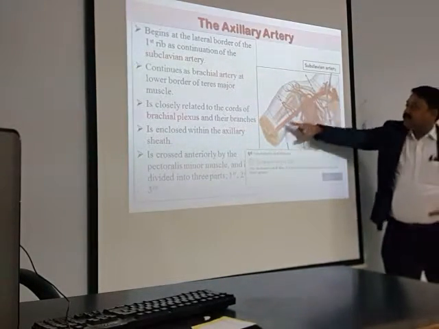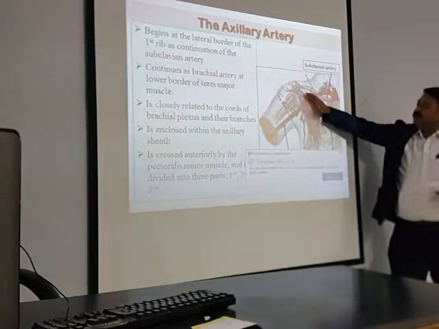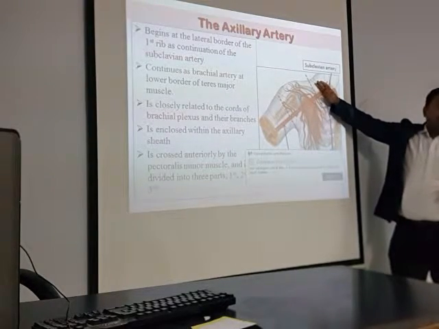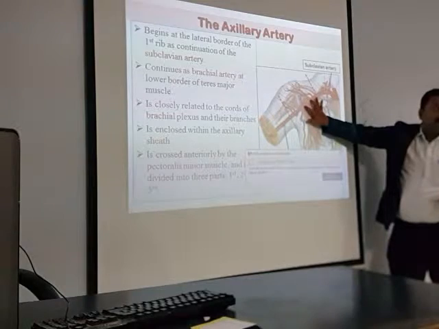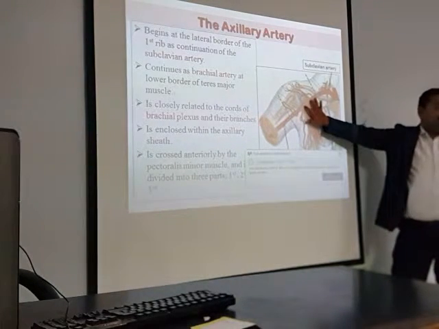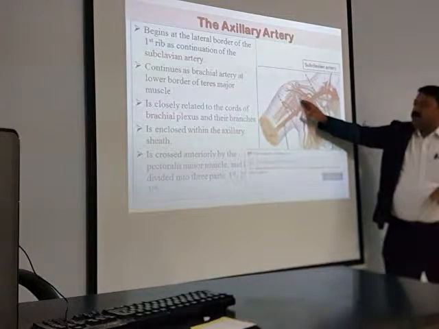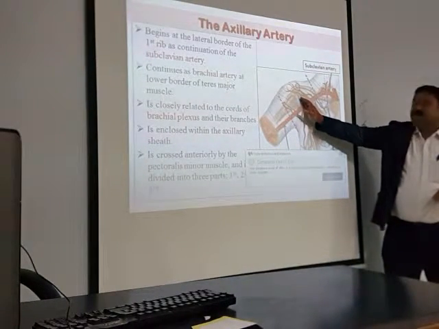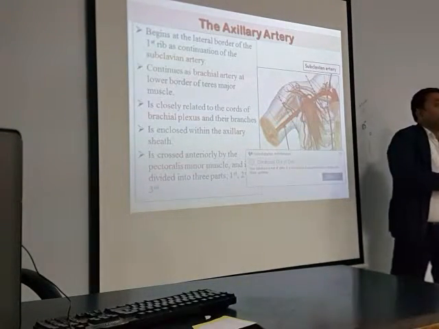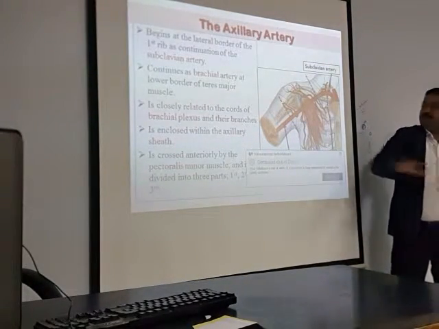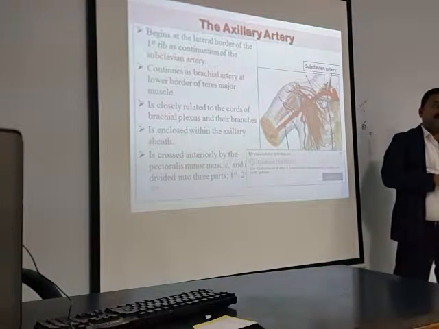Thus, this axillary artery divides into three parts. Above the muscle is the first part, behind the muscle is the second part, and from the lower border of the pectoralis minor muscle to the lower border of the teres major muscle, up to here, is the third part of the axillary artery.